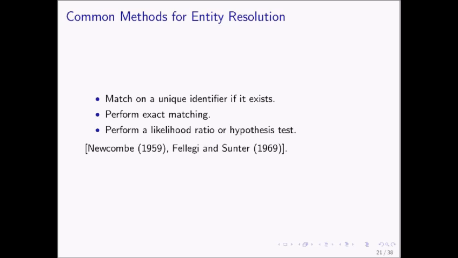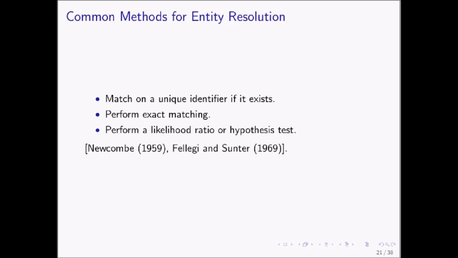You could also perform, so in the social sciences, a lot of people like to perform what's called exact matching. So what is exact matching? Exact matching is where you take record 1, and you take another record, say record 2, and you compare these two records on all their features.